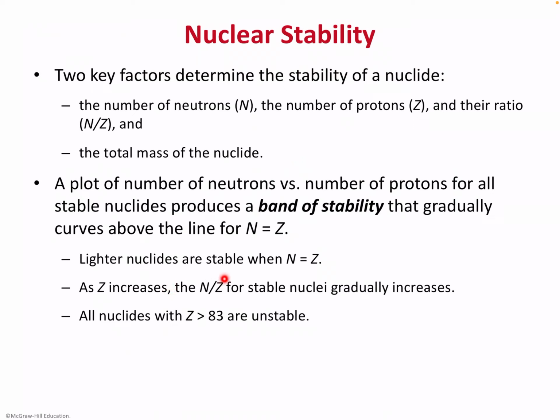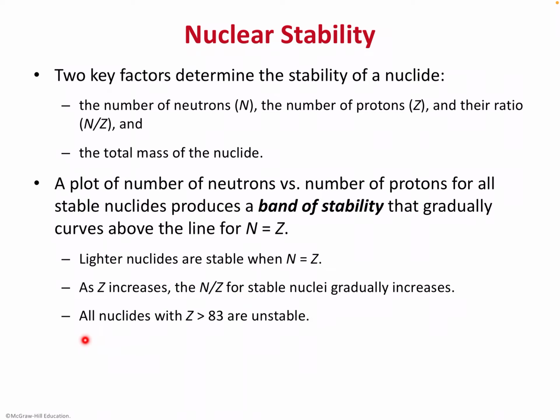Lighter nuclides are stable when N equals Z. As Z, the number of protons, increases, the N over Z for stable nuclei gradually increases. The ratio will become a little bit over 1. There are some elements whose ratio is over 1 that are still stable.